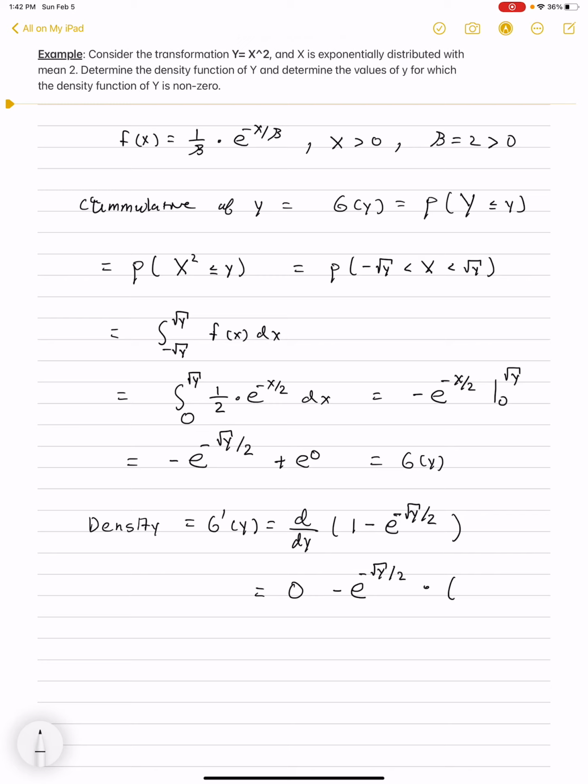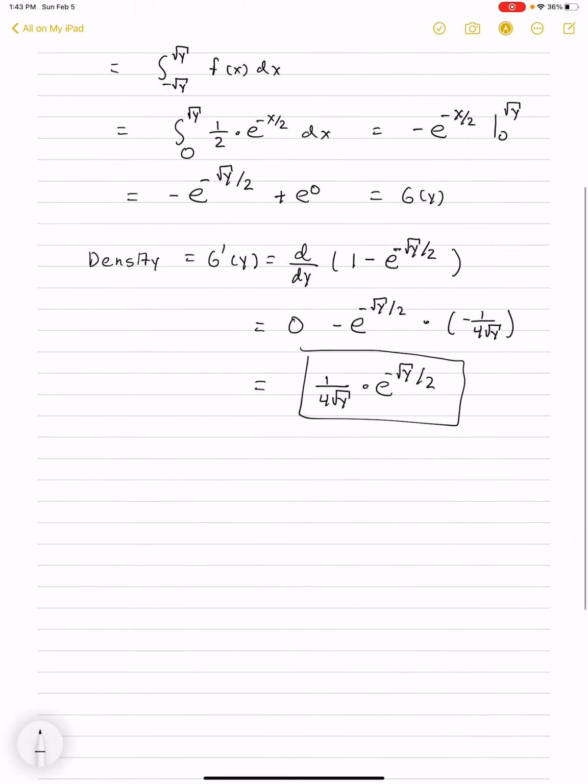The derivative of what's inside, well, we have to differentiate minus y to the 1/2 over 2. So this is going to be minus 1 over 4 root y. And when we clean that up, this will be 1 over 4 root y times e to the minus root y over 2. Okay, great. We have the density.